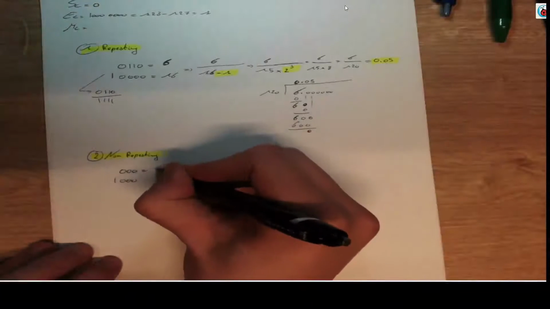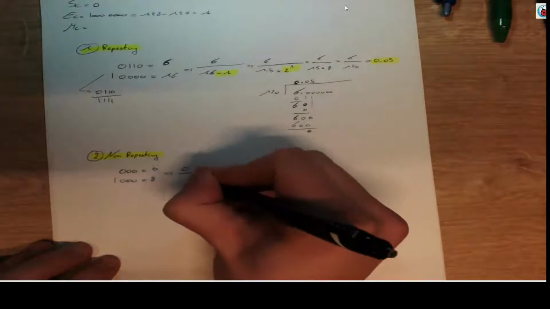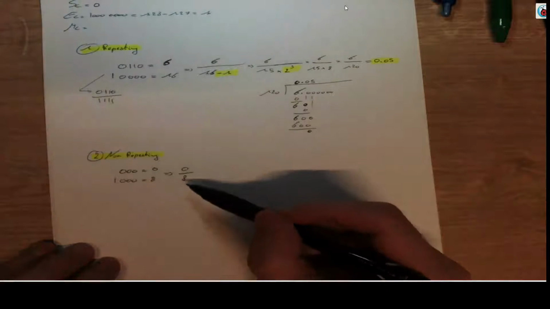And we don't do -1. So in this case, this is 8. So it would have been 0 divided by 8, not with the -1. But of course, we know that 0 divided by 8 will be 0 as well. So in this case, the non-repeating part is not that important here.